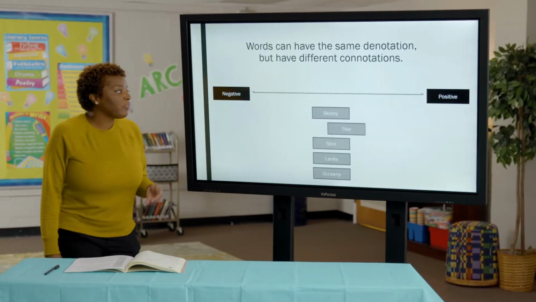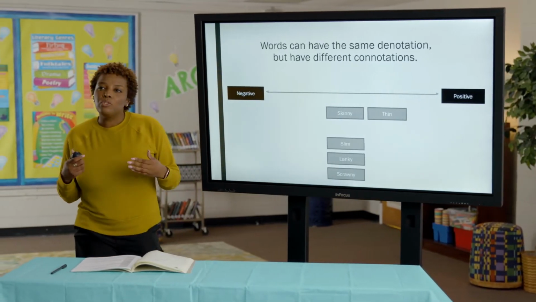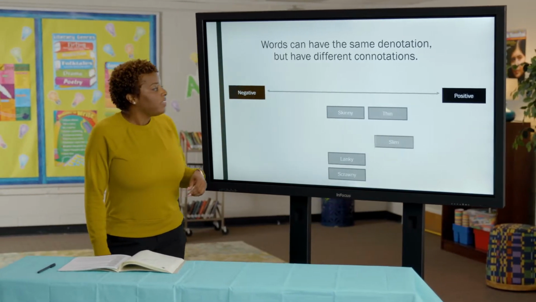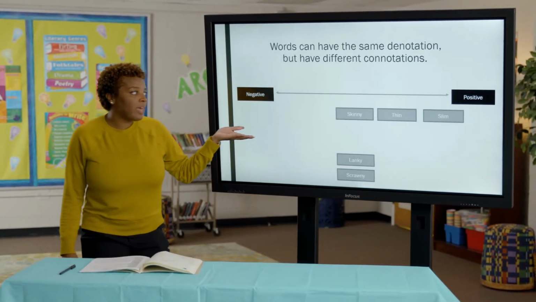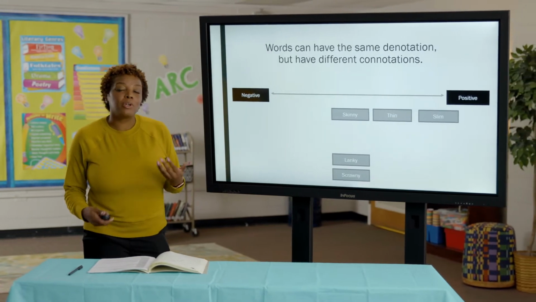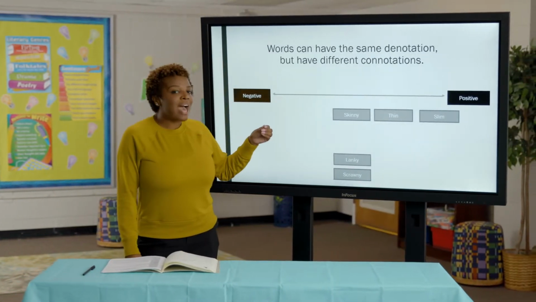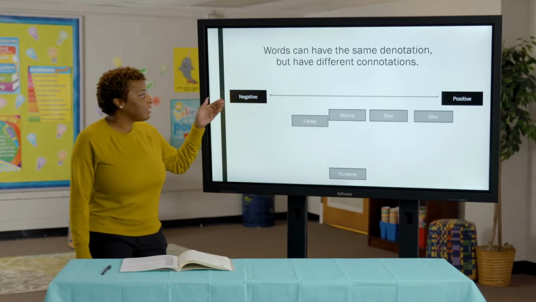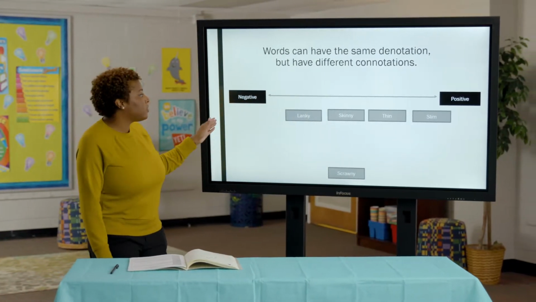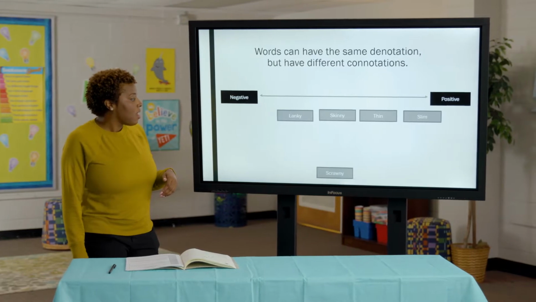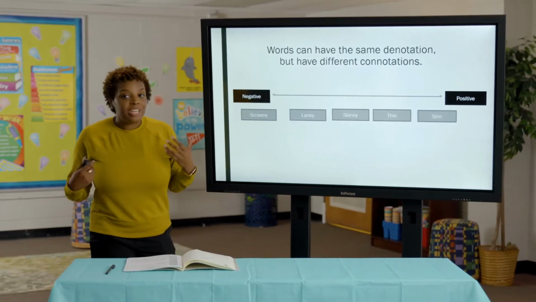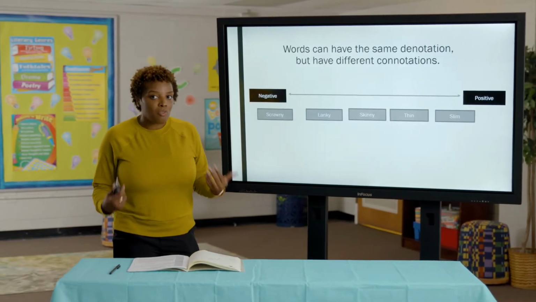However, when we look at the word thin, it moves slightly towards the more positive end of things. And then slim: when you describe someone as being slim or slimmer, that may have more of a positive connotation rather than the word lanky, which lends itself to the negative end of things. And then lastly, when you think of scrawny, I would never want to be described as being scrawny.